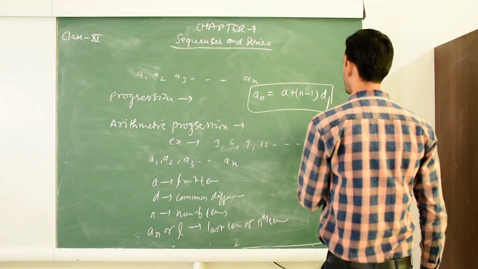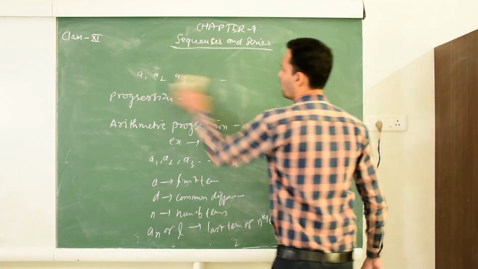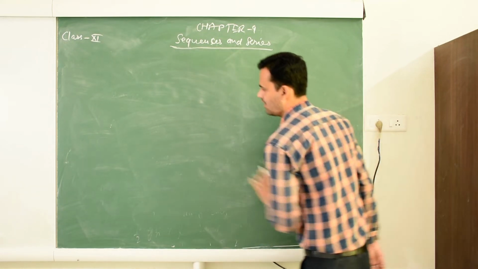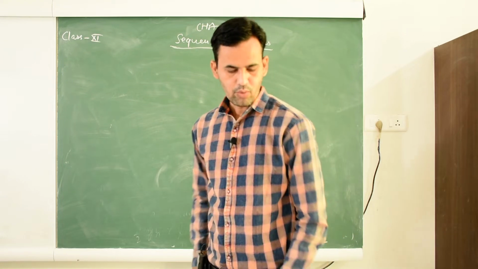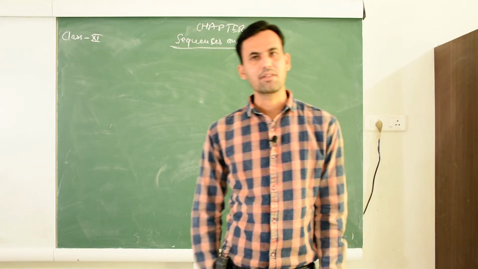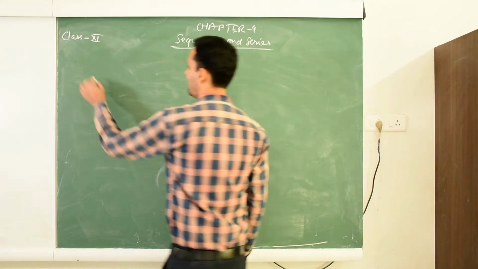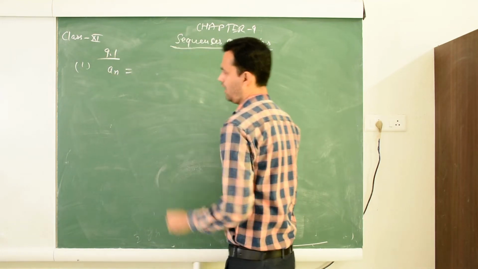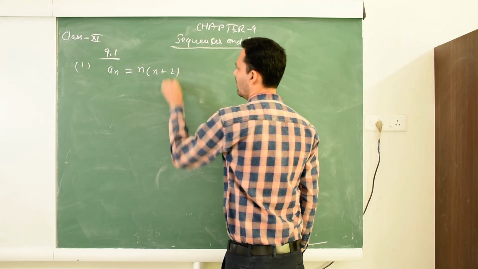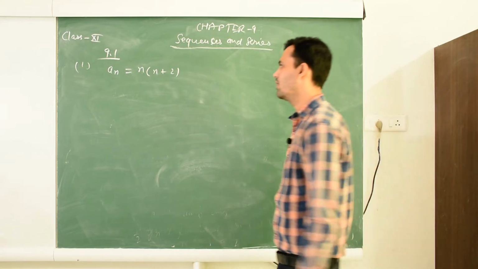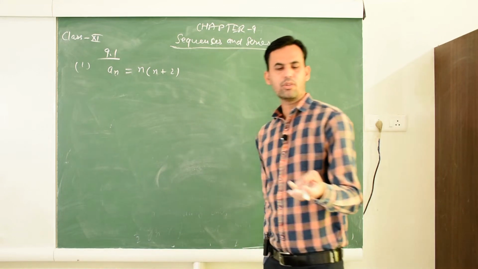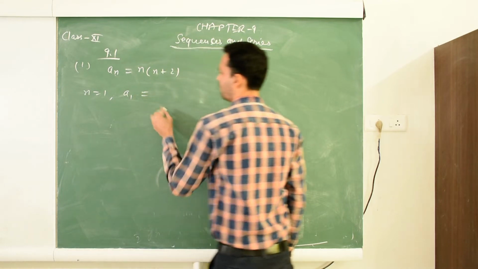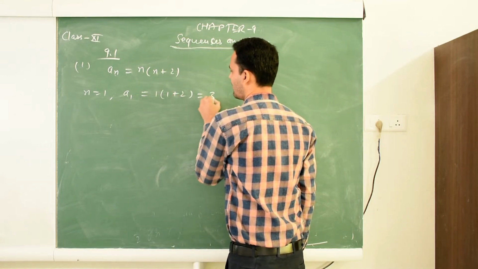So we quickly move towards exercise 9.1, question number 1. It's a very simple exercise. In exercise 9.1 we have to find the first 5 terms of the sequence. The sequence is given as An equals n plus 2, and we have to find the first 5 terms. So n equals 1, 2, 3, 4 and 5. For n equals 1, A1 is 1 plus 2, that is 3.